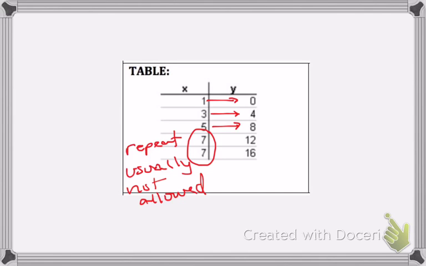This is like Miss Thompson plugged in a 7 and got a 12, and President Obama plugged in a 7 and got a 16. Because we got different answers, then this would not be a function.